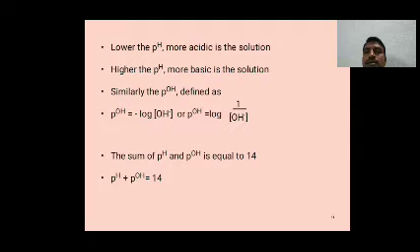The importance of pH. pH has no units. It is only a number from 0 to 14. The pH of a neutral solution is 7, of an acidic solution is less than 7, and of a basic solution is more than 7.